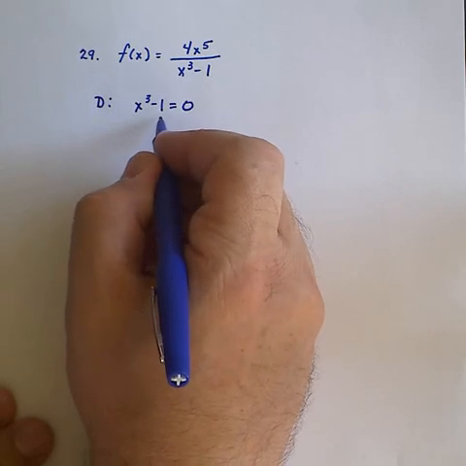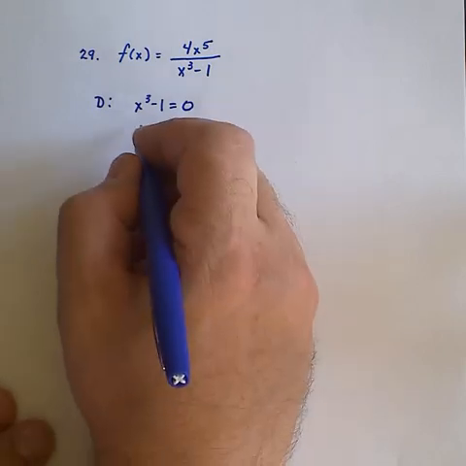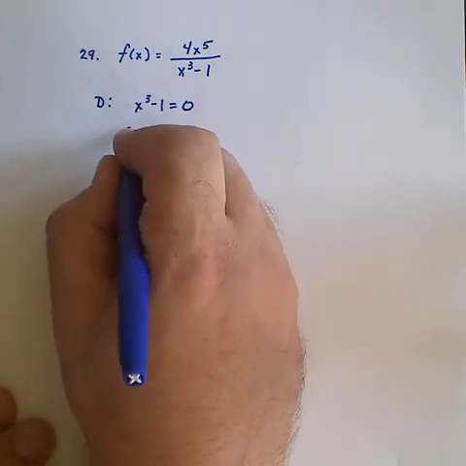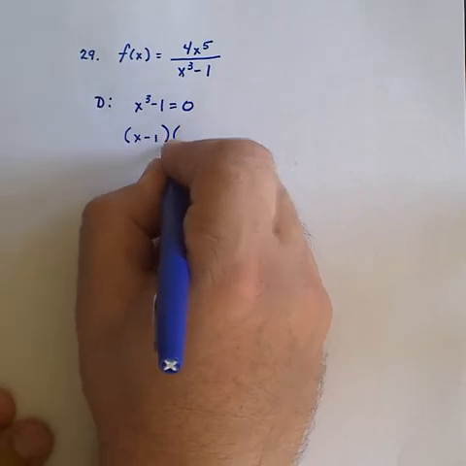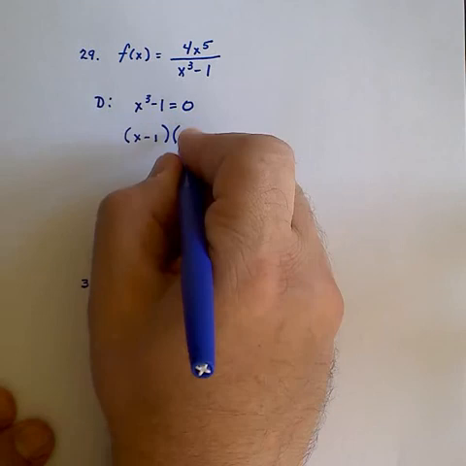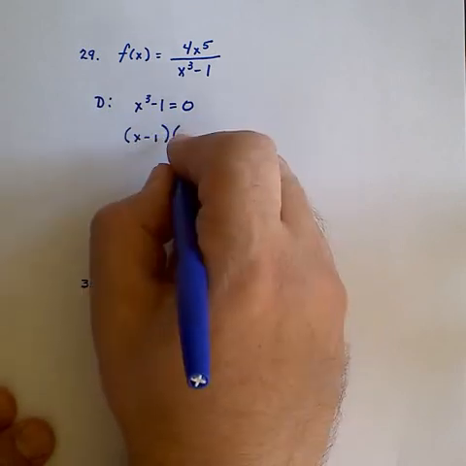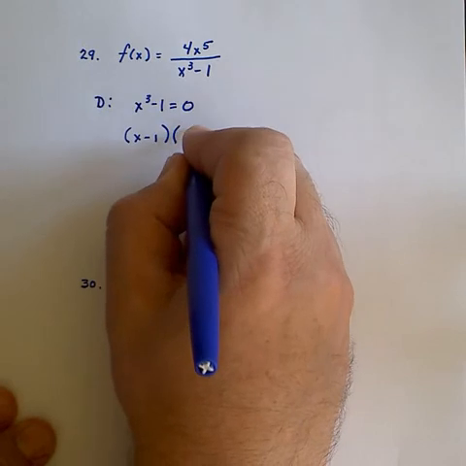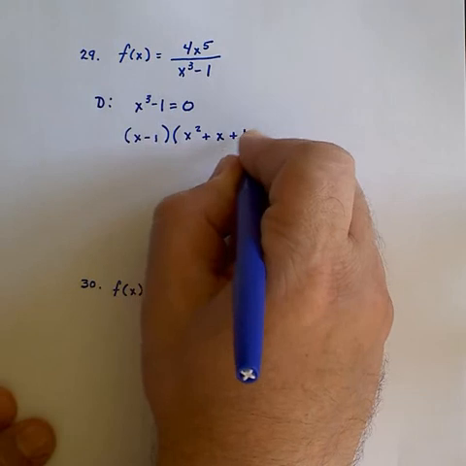That's going to factor into x minus 1 when you take the cube roots. And remember how we square the first one and then multiply? Take my word for it here. You get x squared plus x plus 1 as the remaining factor.